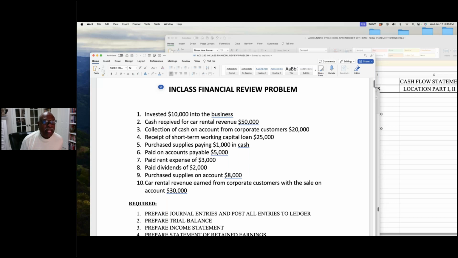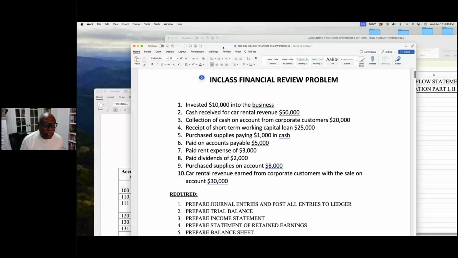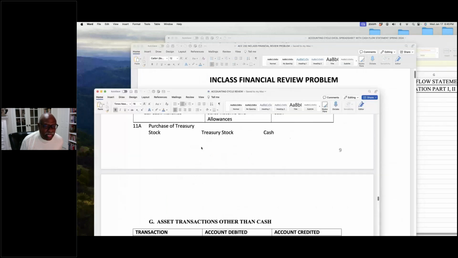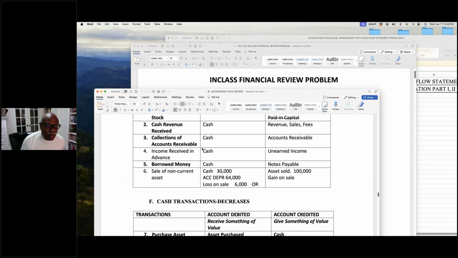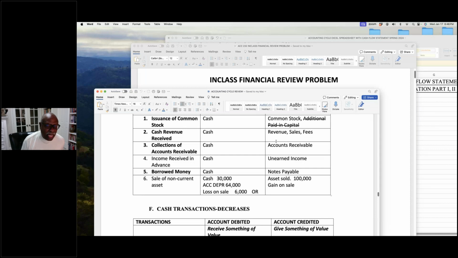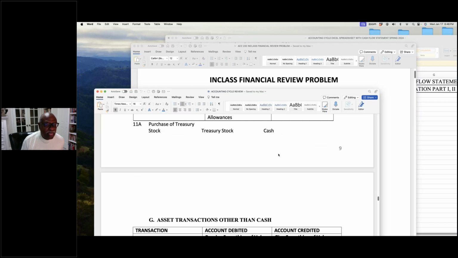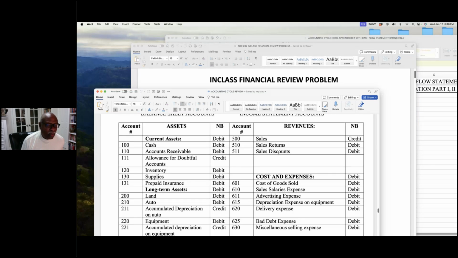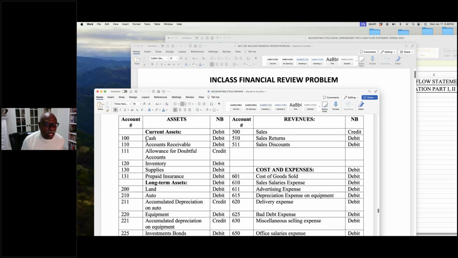So we know that if cash is coming in, it's got to be a 1 through 6. We have to determine which one. Once we determine which one, then this chart tells us what the debit and what the credit. And then we simply come to the chart of accounts to make sure we got the right name and the right amount.